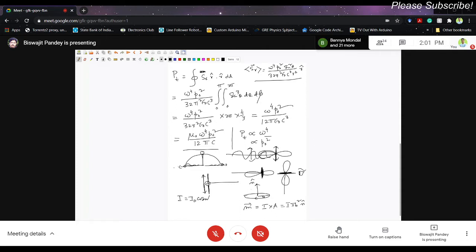Then the magnetic moment will be I zero pi b squared cos omega t times n cap. This whole thing can be called m0, so m equals m0 cos omega t n cap. Here m is not mass.